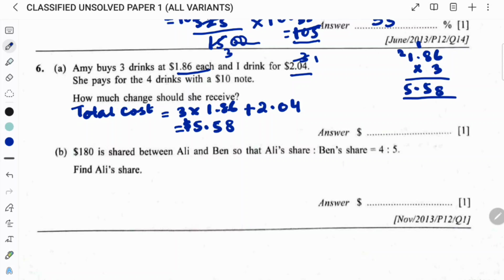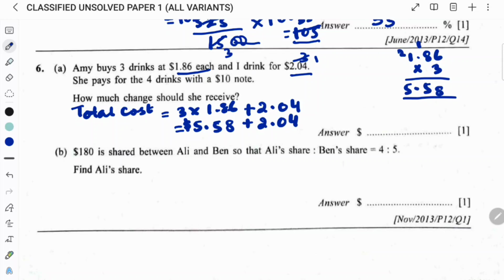So 5.58 was the total cost for 3 drinks. She pays for 4 drinks with a $10 note. Obviously she'll be getting some change also. You have to add 2.04 with it, for 1 more drink.